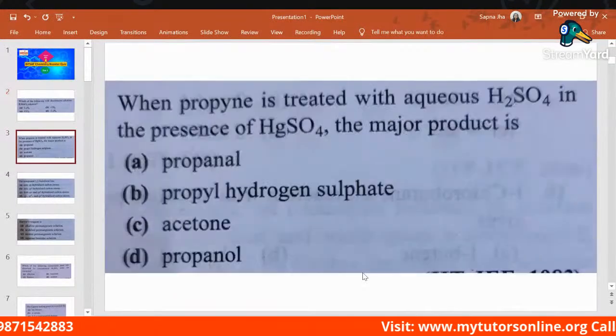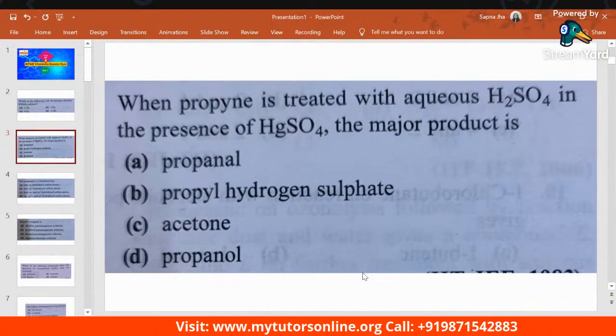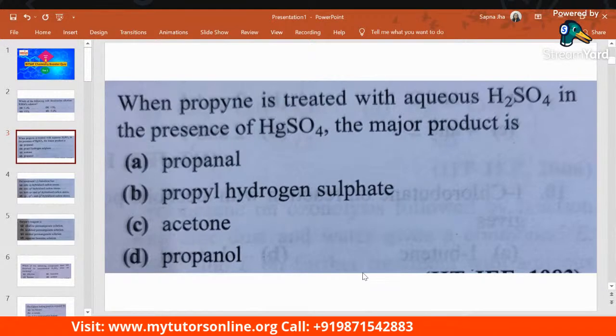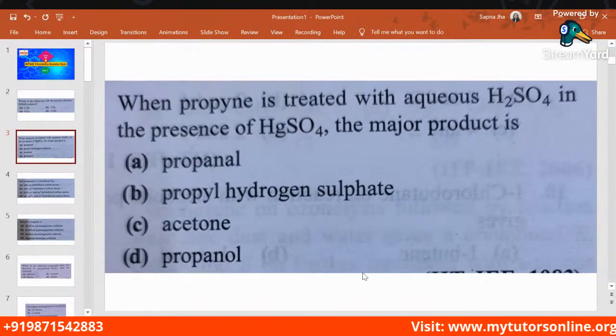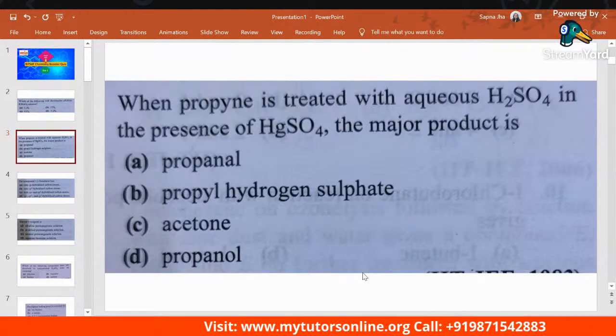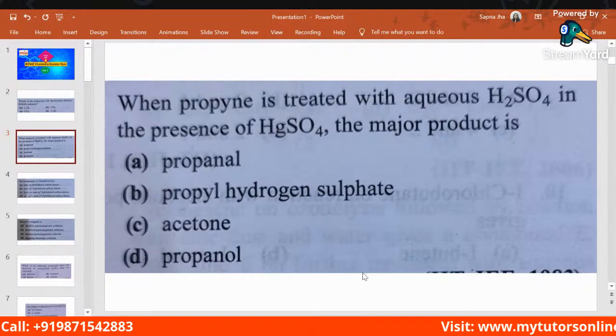Next, let me pose the next question, and it is, when propyne is treated with aqueous sulfuric acid, that is H2SO4, in the presence of HgSO4, the major product is either propanol, propyl hydrogen sulfate, acetone, or propanal.